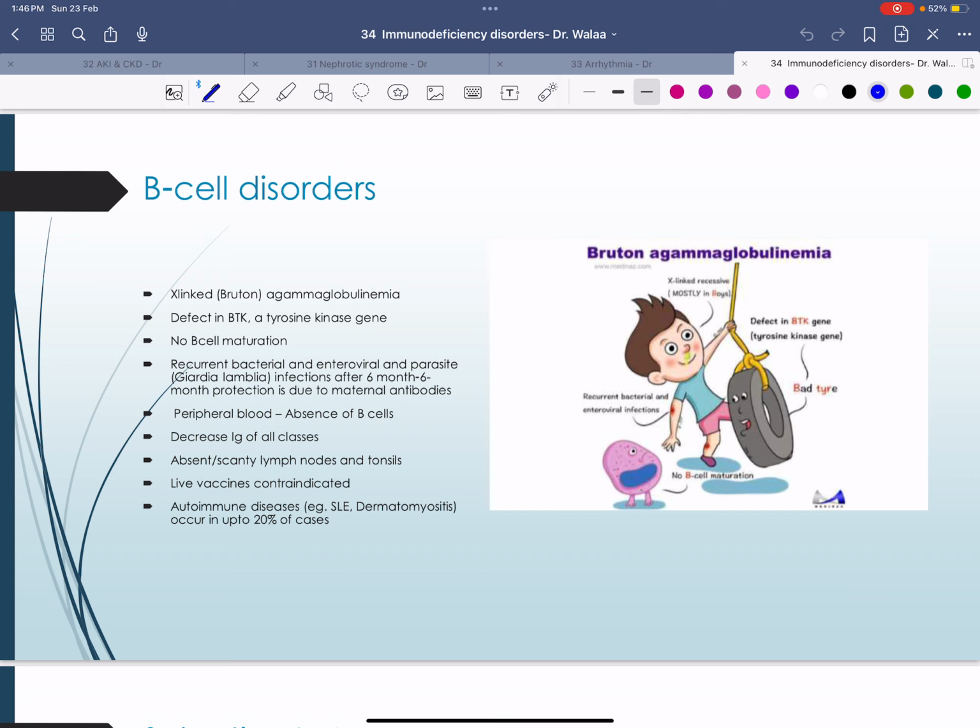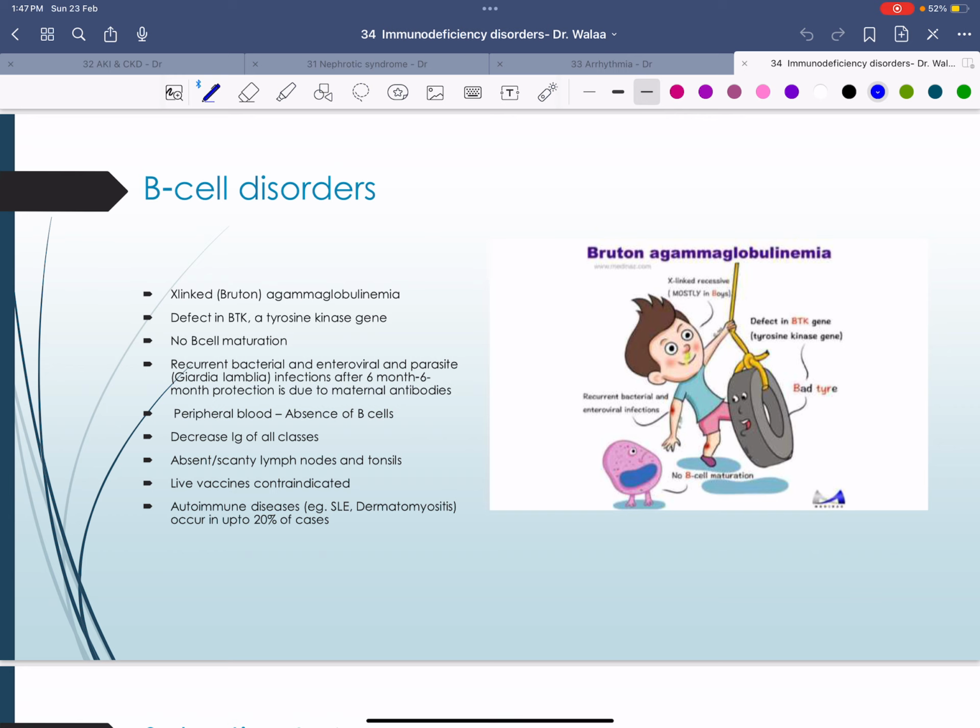Okay, because they're encapsulated, they have the ability to escape phagocytosis, right? So they need to be opsonized first. Opsonization has to happen through antibodies. So the antibody will opsonize the pathogen and then it will be presented to phagocytic cells in order to be engulfed and killed.